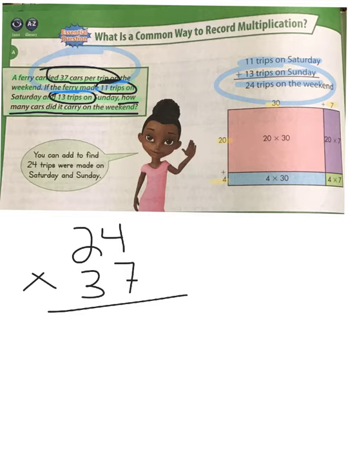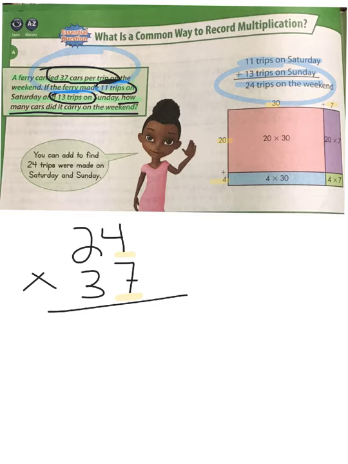It doesn't matter if you write the 37 first or the 24 first because of the commutative property of multiplication. When we are multiplying, we are going to start with the ones place, like we normally would. So first we are going to multiply the 7 times 4. And 7 times 4 is 28.